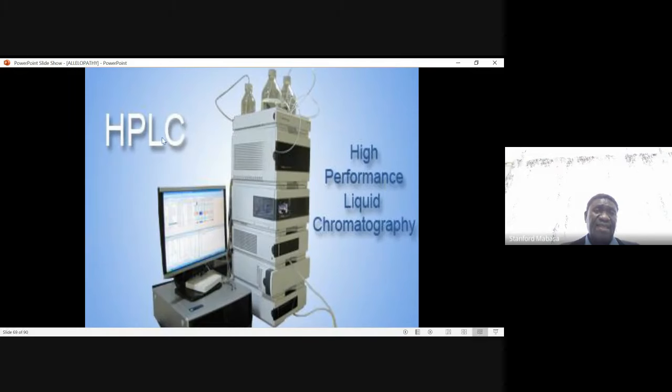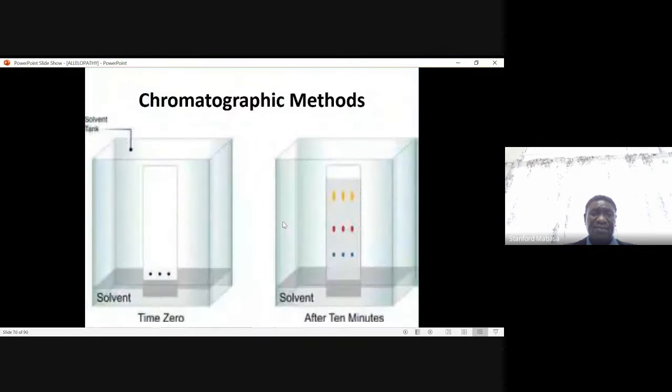This is the HPLC, which is high performance liquid chromatography, which can actually identify the allelochemicals. These are just simple chromatographic methods where you have these three dots. This is where you are testing your allelochemicals.